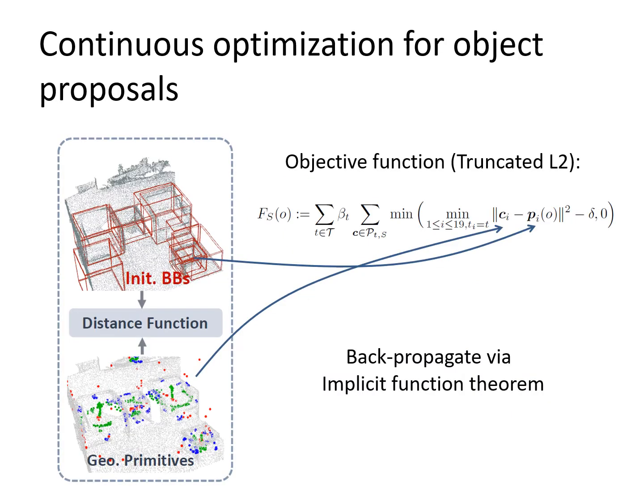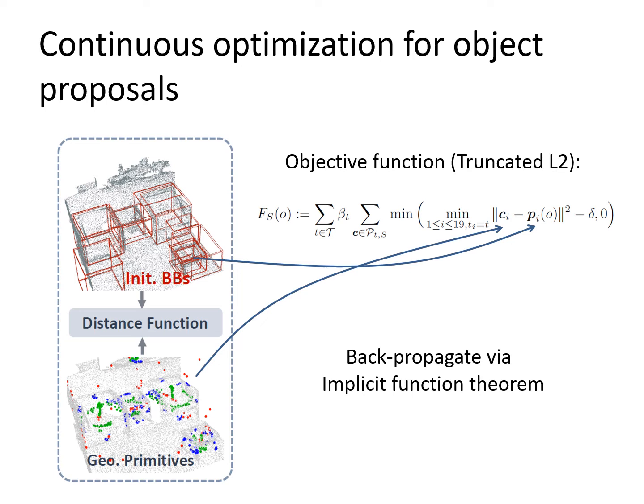Given this complete set of primitives, the initial object proposal module essentially fits object proposals to these geometric primitives using a robust norm, right? Essentially, we use the truncated L2 norm to match each object proposal to the set of most compatible geometric primitives.